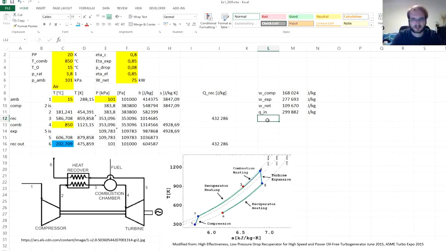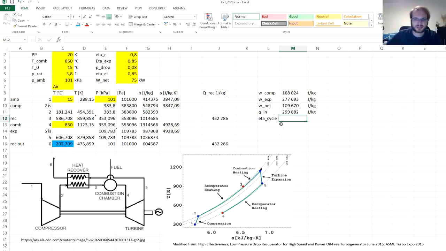Now, what is the efficiency of the cycle and of the system? First, let's put together the efficiency of the cycle itself. Because this is also work of the cycle.